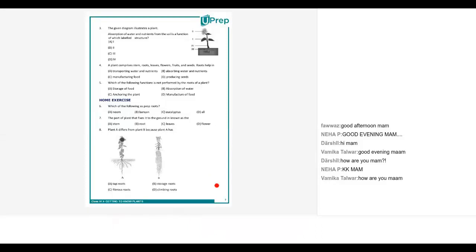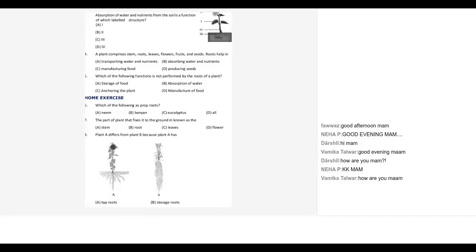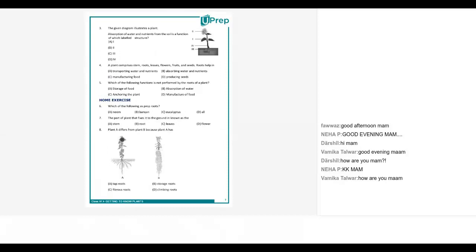Let me enlarge it for you so that you can see it properly. Ma'am, I can enlarge it for myself also. Okay, please do that. So this is a five. The A has fibrous roots. Correct. Yeah, and A has this fibrous root.